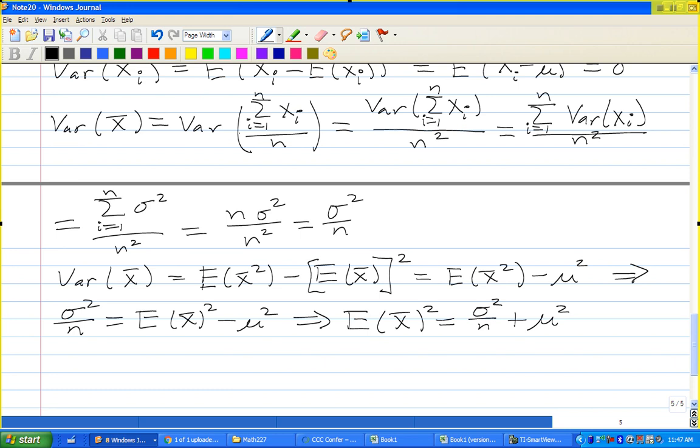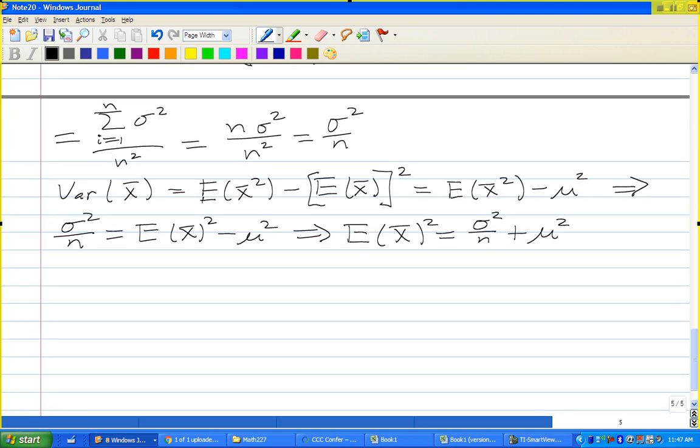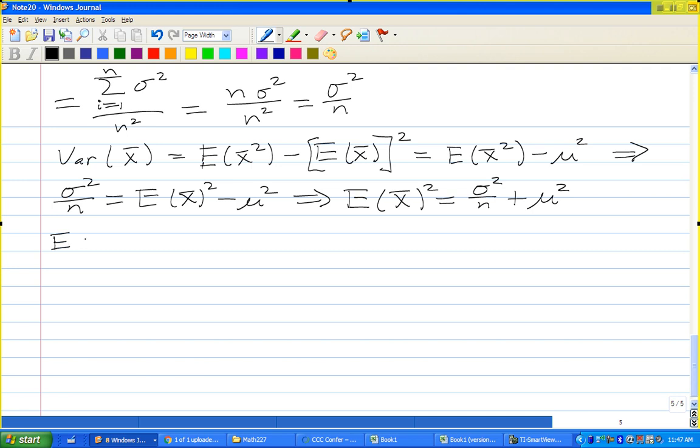Next, I have the expected value of the sample variance, which is the expected value of the sum of x minus mu squared over degrees of freedom n minus 1.